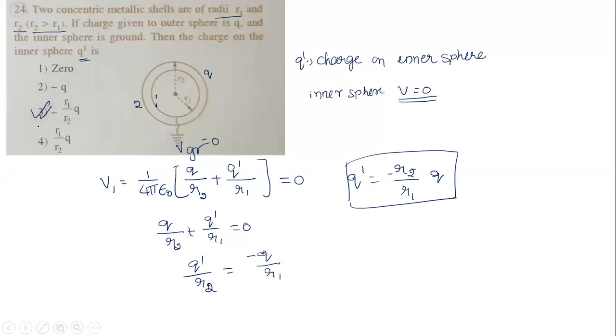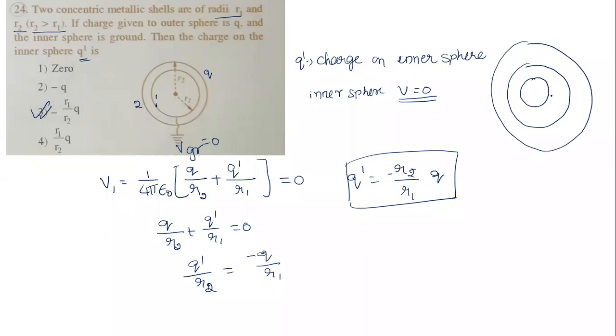Always remember one thing here. One point I want to tell you is, let us take some spheres: sphere 1, sphere 2, sphere 3. Their radii are A, B and C. Whenever you are finding the potential at the first, second and third, always keep in mind whether that point is inside or outside.